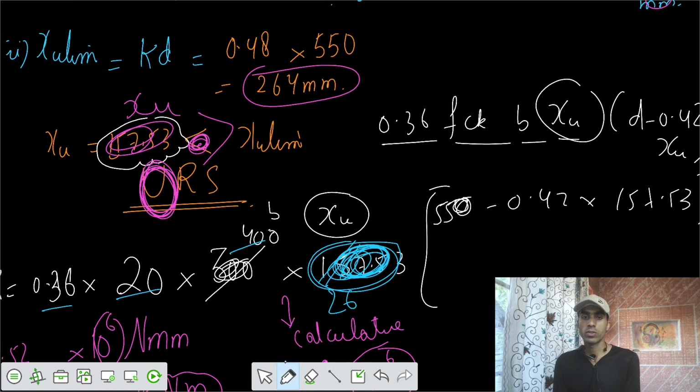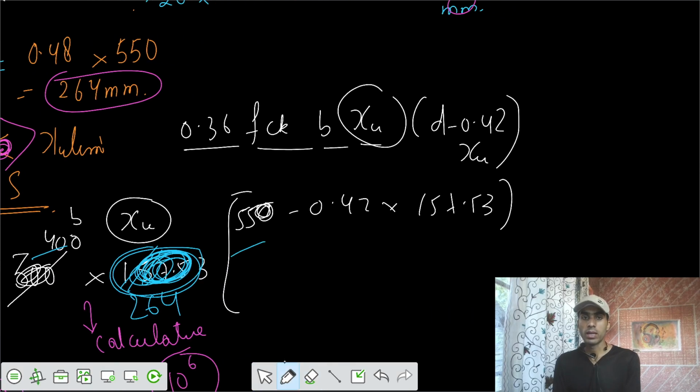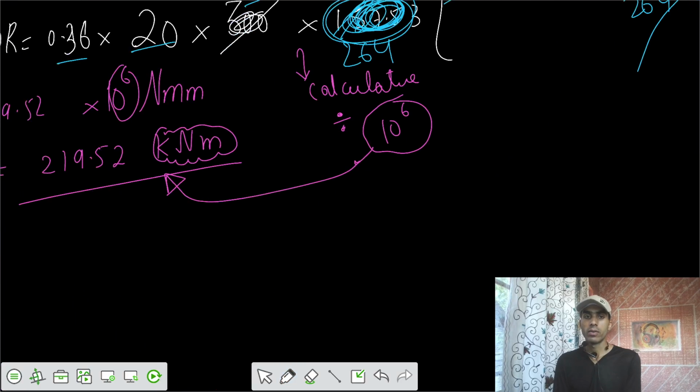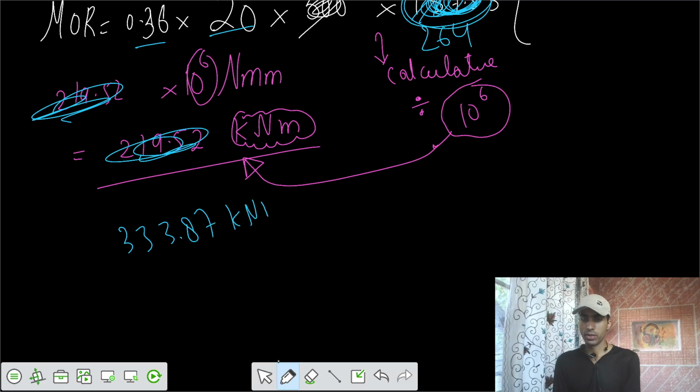After that, d minus 0.42 Xu, where for Xu we substitute Xu limiting, that's 264, and you would get a value equal to 333.87 kilonewton meter.